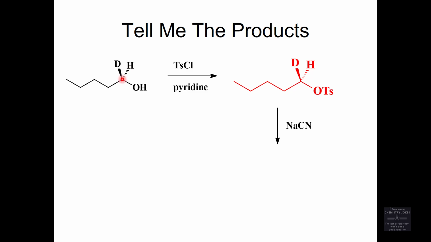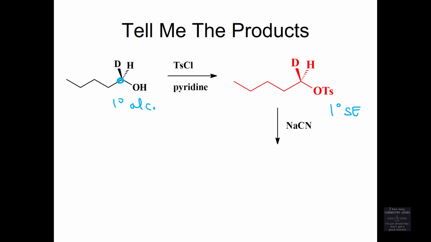Note, I did not react at the carbon over here whatsoever, so my stereochemistry stayed the same. So then I need to characterize. This tosylate is primary, secondary, tertiary, methyl? This is a primary tosylate, a primary sulfonate ester. This is a primary alcohol.